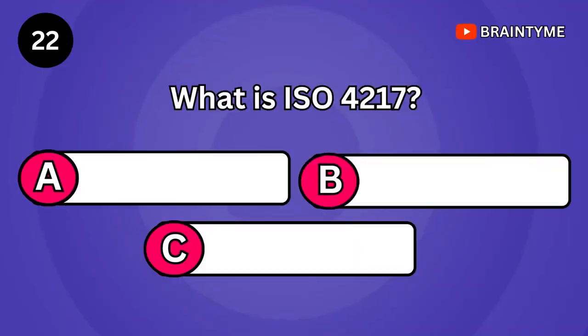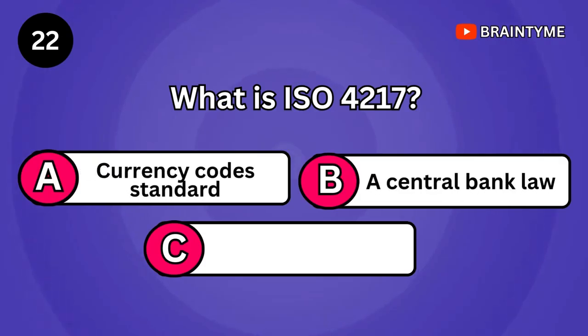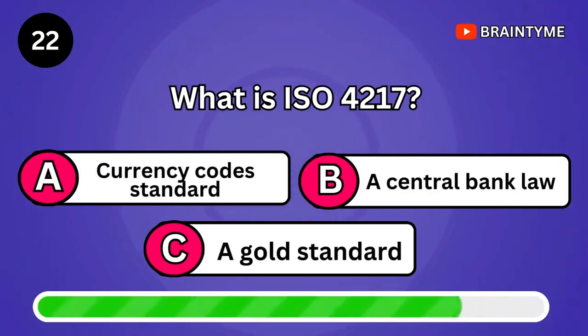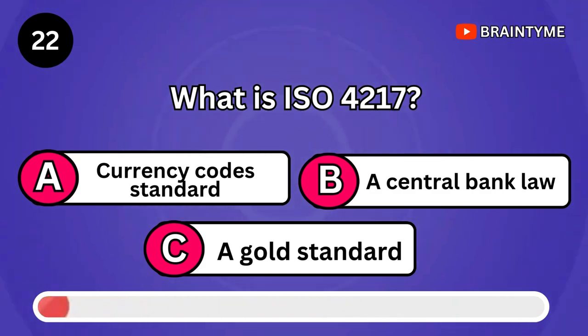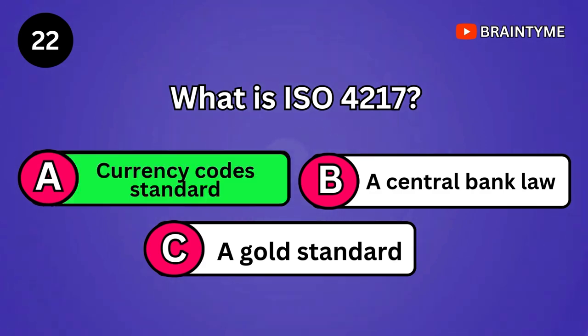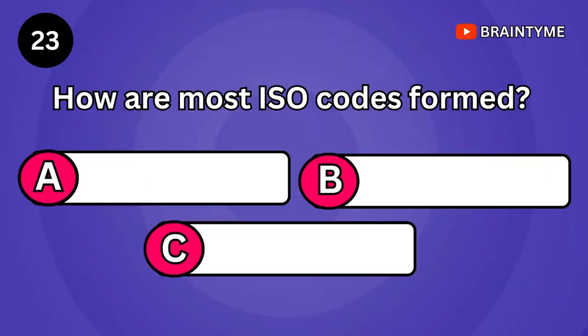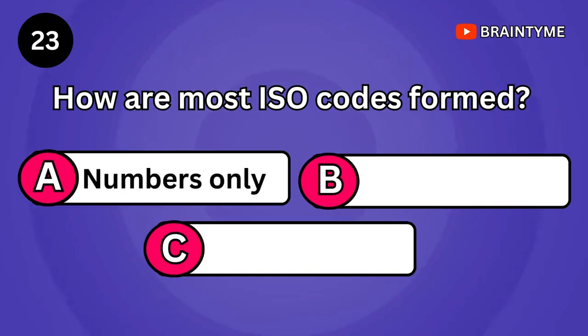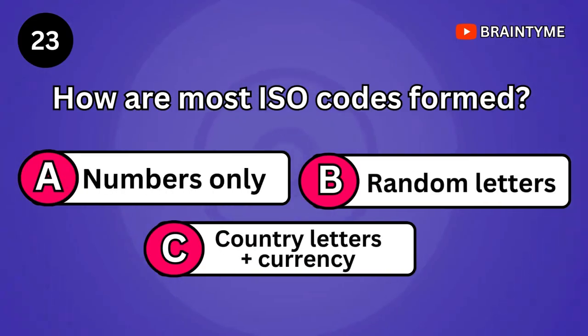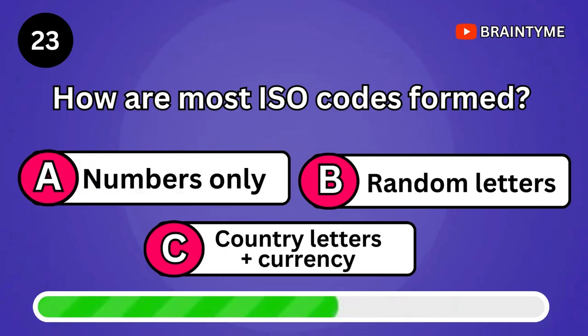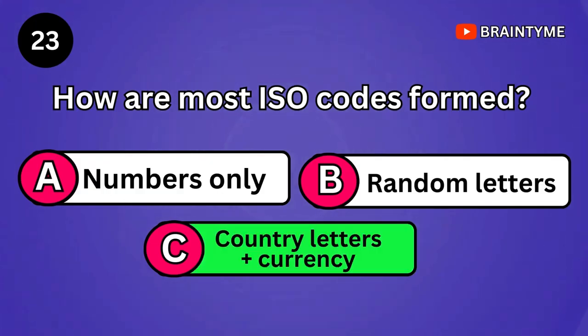What is ISO 4217? The international standard for currency codes. How are most ISO codes formed? Two letters from the country plus one from the currency name.